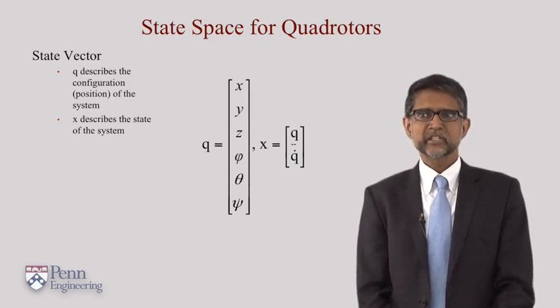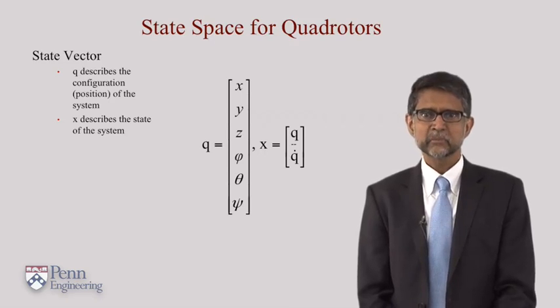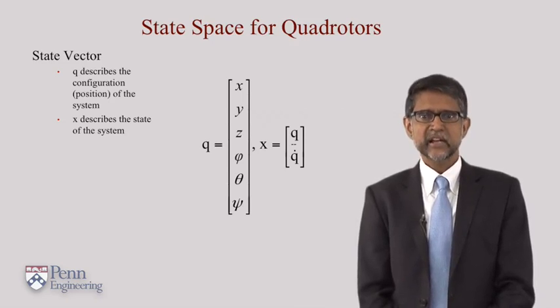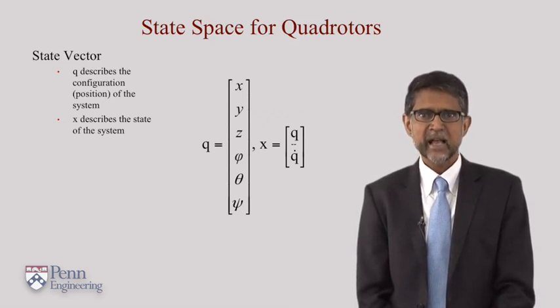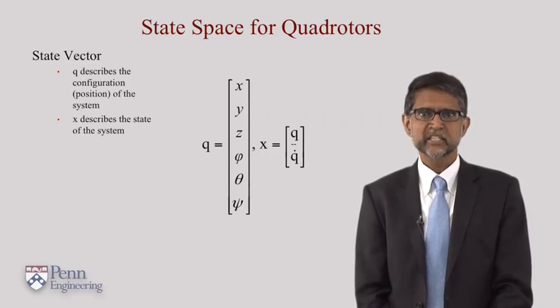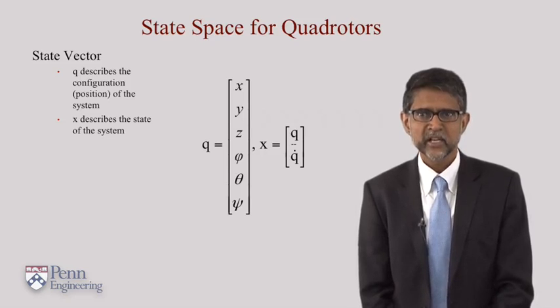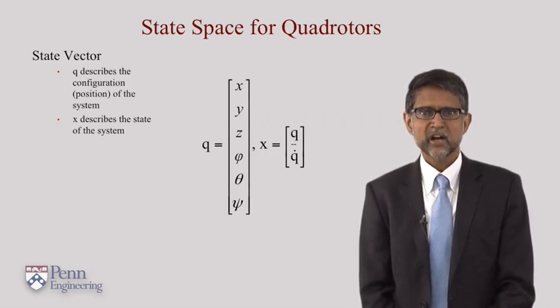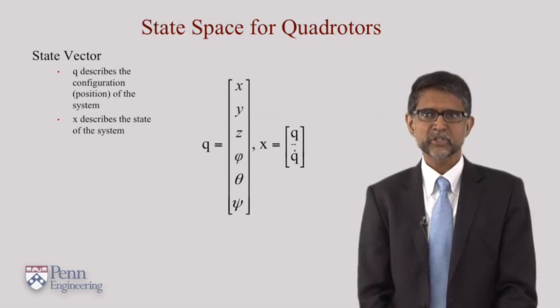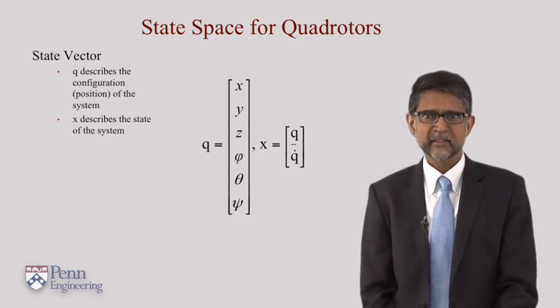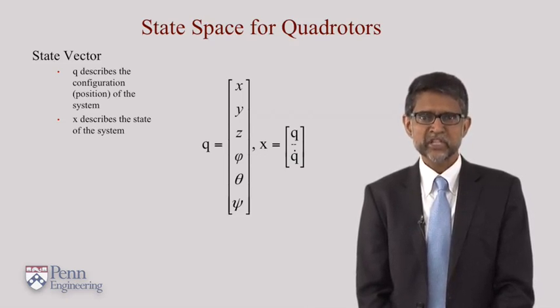In the three-dimensional case, we have 6 variables that describe the configuration of a robot, and a state vector includes the configuration and its derivative. So if Q is the 6-dimensional configuration vector, Q and Q dot constitute a 12-dimensional description of the state. The space of all such state vectors is called the state space.